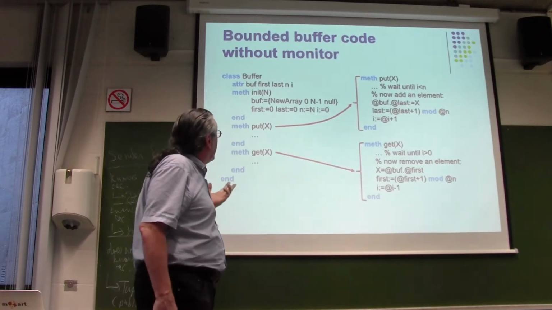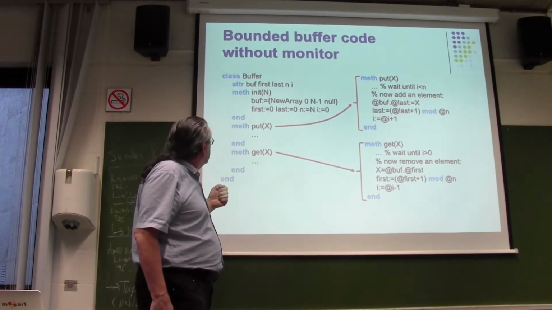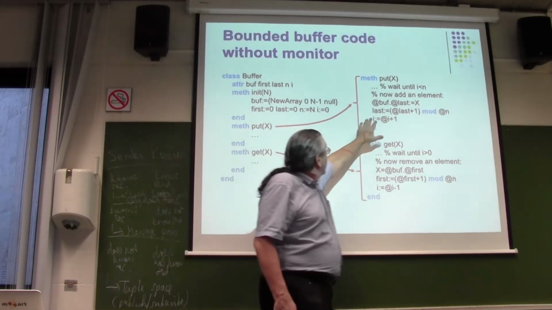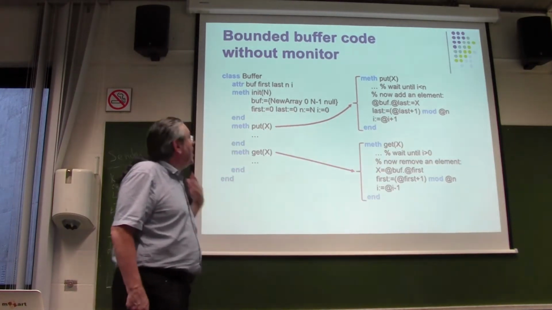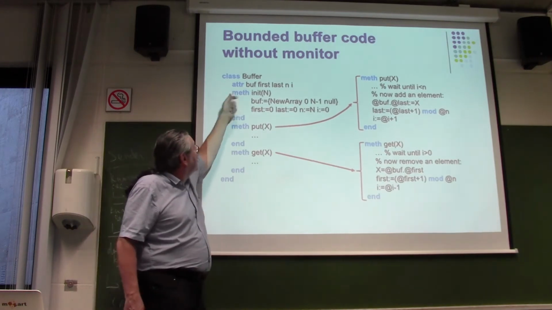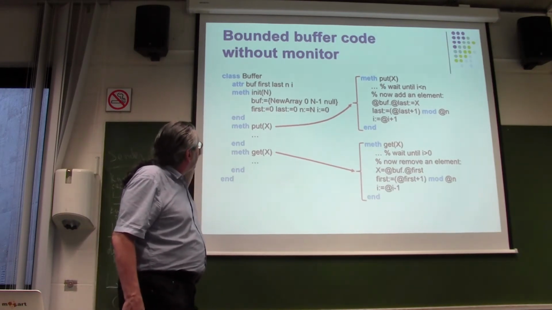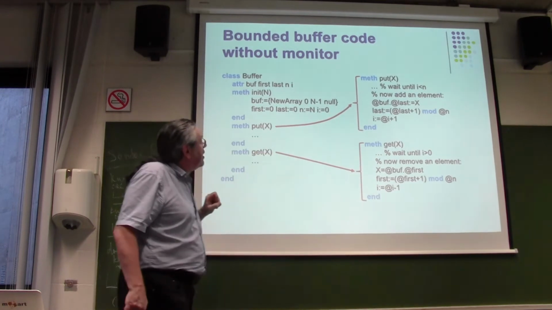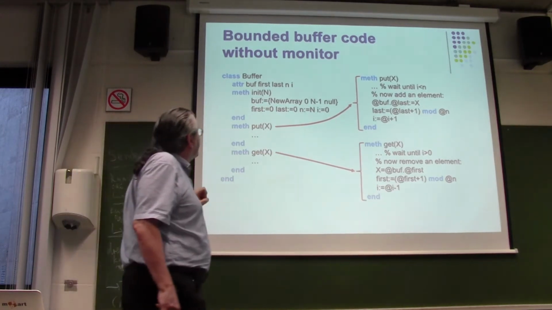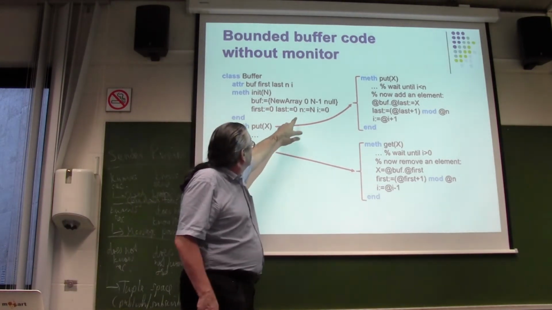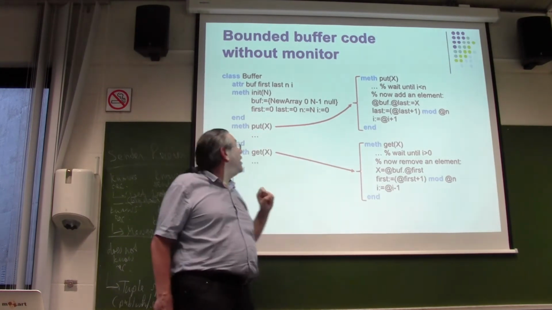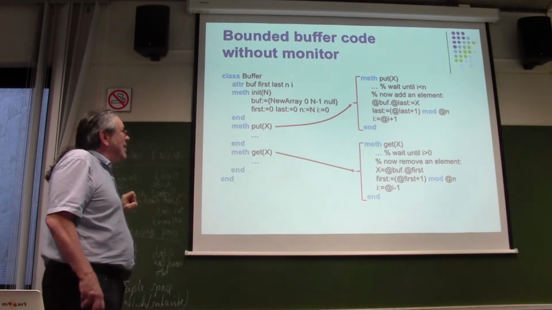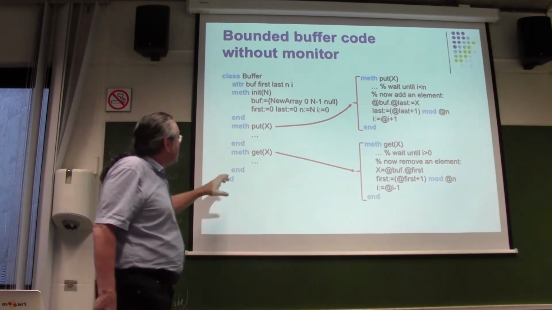This creates an array that you can access using dots, like array dot something. It starts with first and last being equal to 0. N is the number of elements in the buffer, and I is actually the size. It's how many elements are in there.